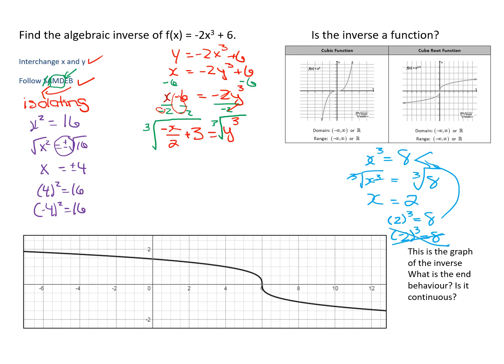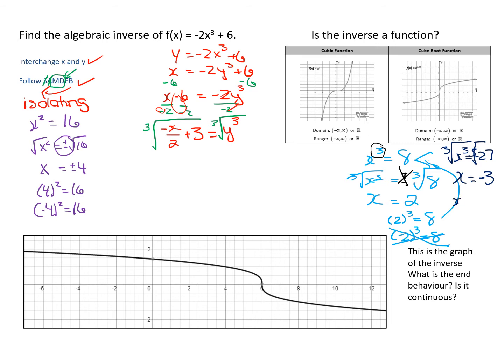So when we have a third root, we do not do the plus or minus. The plus or minus is not needed when we have a third root or a fifth root. Anytime this exponent is odd, we're not going to do a plus or a minus. We're only going to have one answer. So just to show you one more time, if I had x cubed equals -27, so the third root of this side, the third root of this side, so I'm left with x equals, the third root of -27 is -3, and that's the only answer.